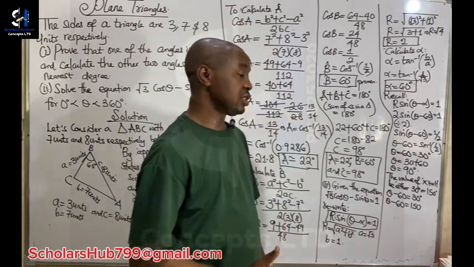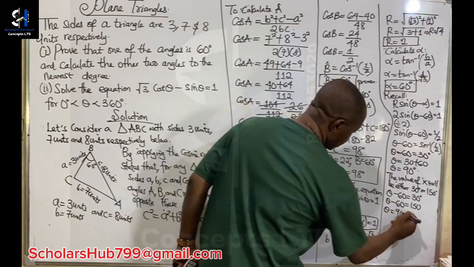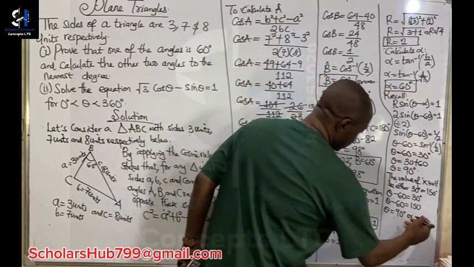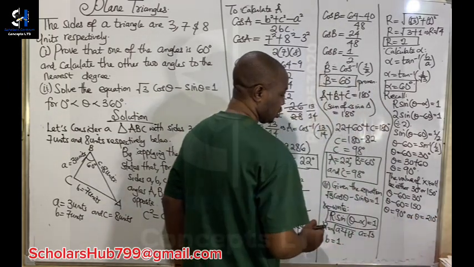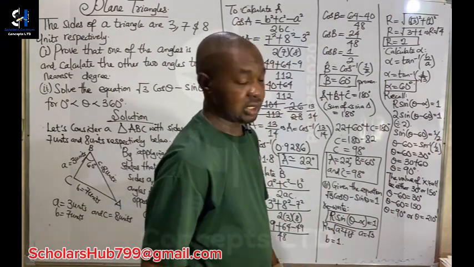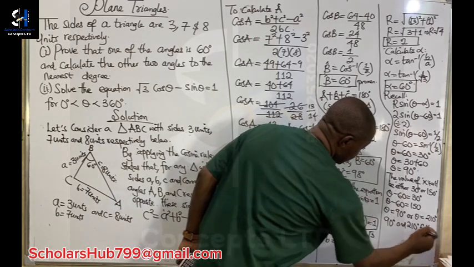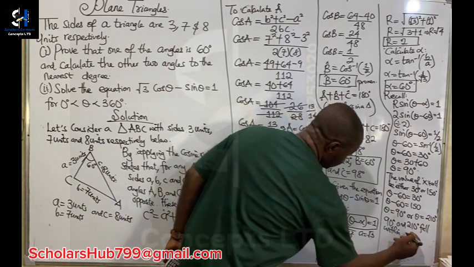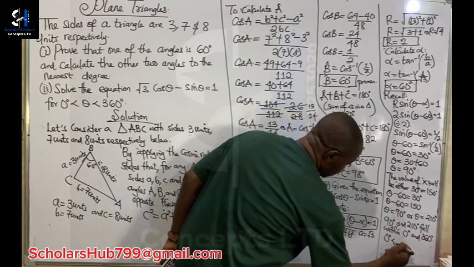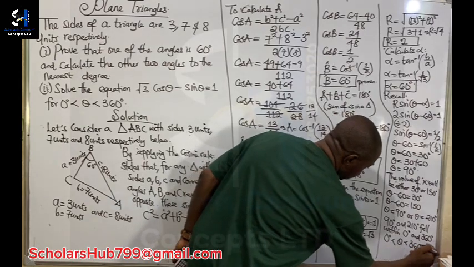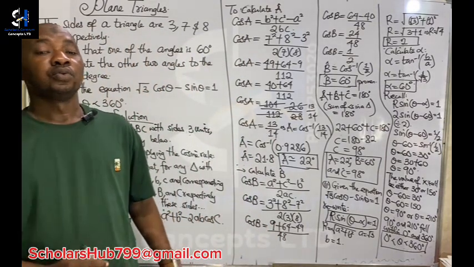To get the value of theta, the first one will be 90 degrees, then the second value of theta will be 210 degrees. So 90 and 210 degrees fall within 0 degrees and 360 degrees, meaning 0 degrees less than theta less than 360 degrees. And that is the solution to Roman numeral 2.